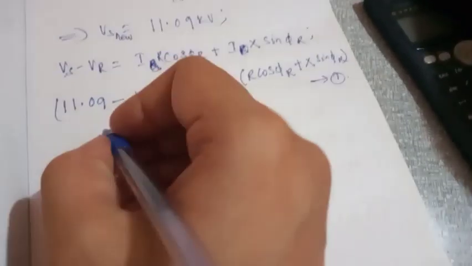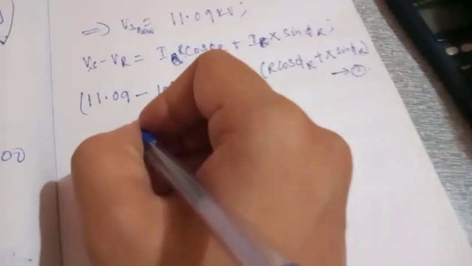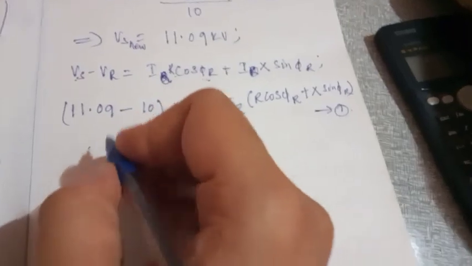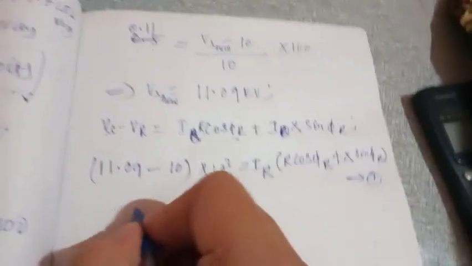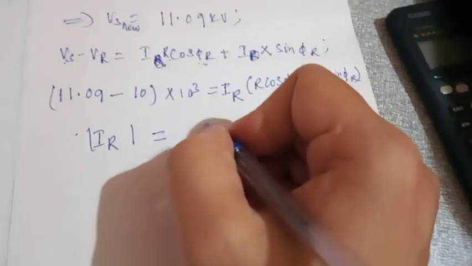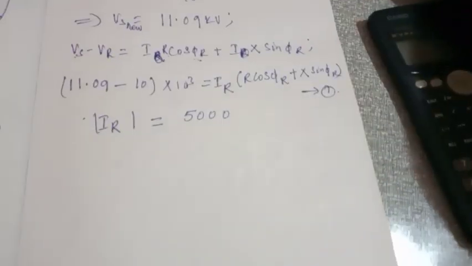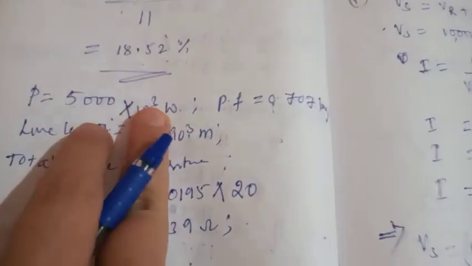And also we have, since capacitance will not draw any active power, the active power remains same, 5000. So what is the power that is given? Power is equal to 5000 kilowatt.